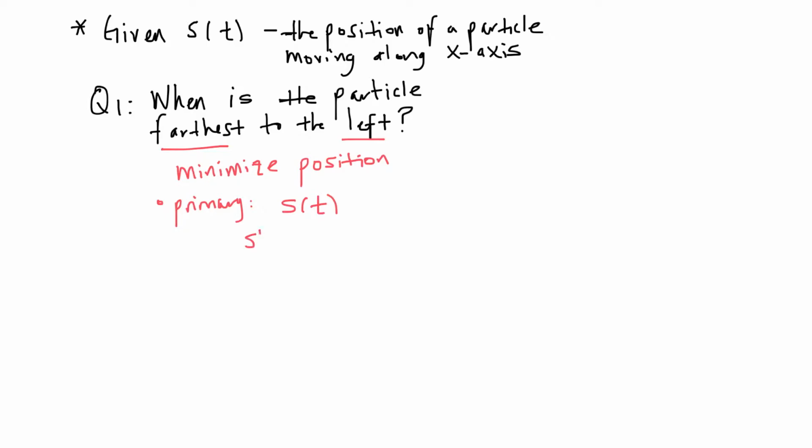And then you're going to take the derivative of that position, set it equal to 0. You're going to find critical values. And then you are going to evaluate, and when you evaluate, you go back to the primary.